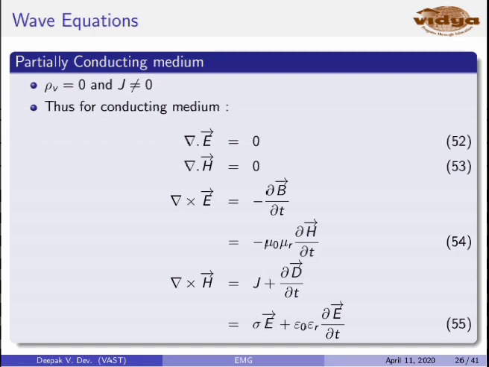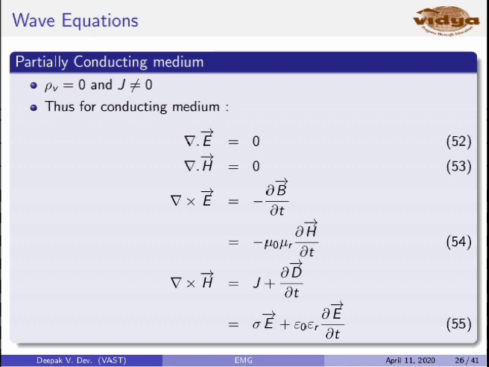In this medium also the volume charge density is 0, similar to a dielectric, because all of the charges may be on the surface. Inside the material there won't be any charge. So conduction current is not 0, but the volume charge density is 0.